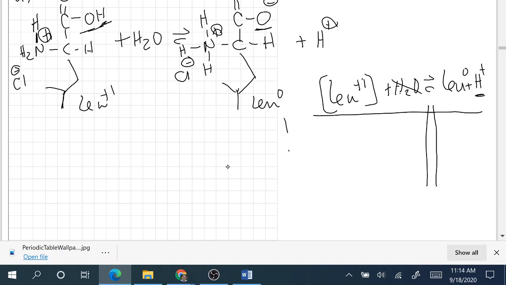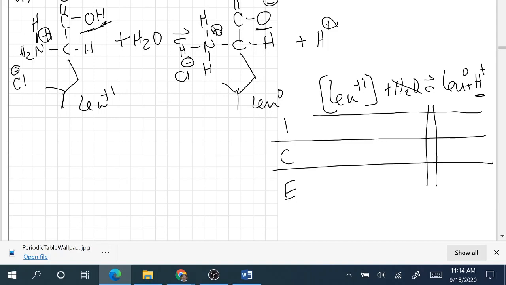Okay, so initial, change, and final, or at equilibrium. We have 0.3 molar concentration of the salt that we've put into solution. At the beginning we're going to have 0 and 0 of the products.